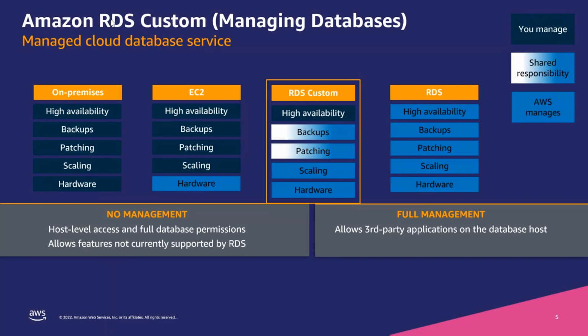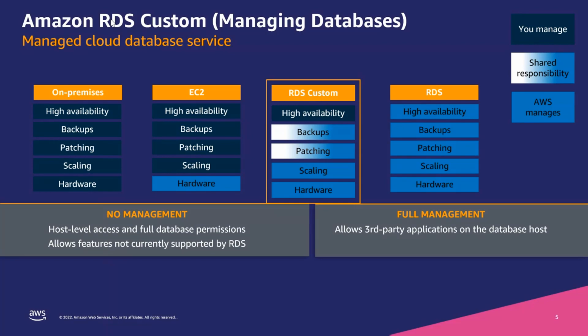With RDS Custom, some tasks have a shared responsibility between the customer and RDS. Let's take an example for that here. You see, patching and backups are now a shared responsibility. In case of Oracle database patching, for example, either a minor version patching or major version upgrades, in RDS Custom, customers have to bring their own media and patch files and create a custom engine version using those files.